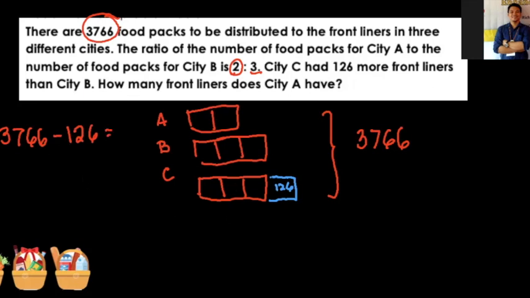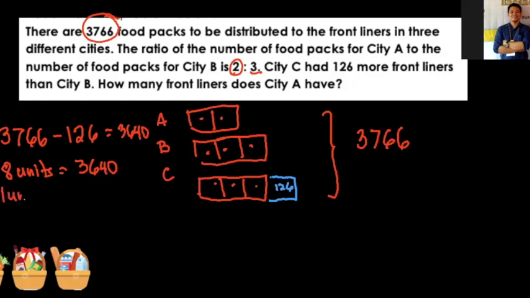So 3,766 minus 126, that is 3,640. So the remaining units, the 8 units here, 1, 2, 3, 4, 5, 6, 7, 8, that is the equivalent of 3,640. So we have 8 units is equal to 3,640. So we need to get how much is 1 unit.